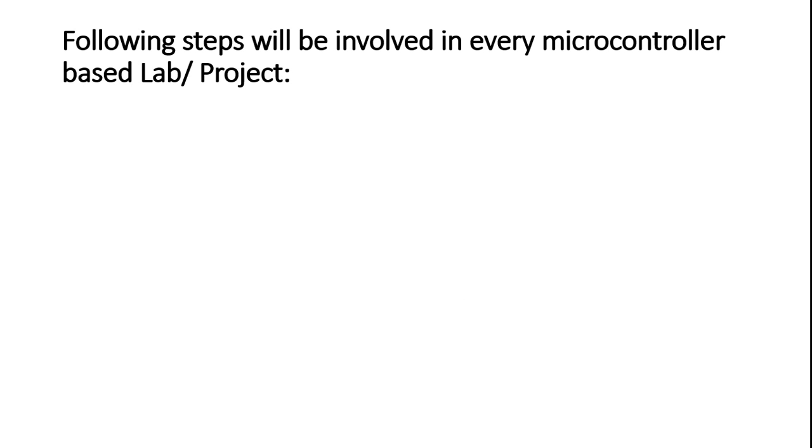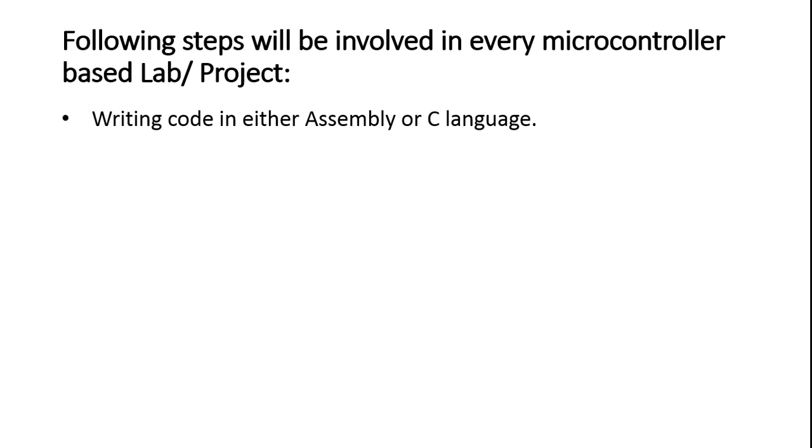Okay, so there are a few steps which will be involved in every microcontroller lab that we will be performing. The first will be writing code, in either assembly or C, that's your choice. We will write code in Keil, and from Keil we will generate a hex file using the compiler.